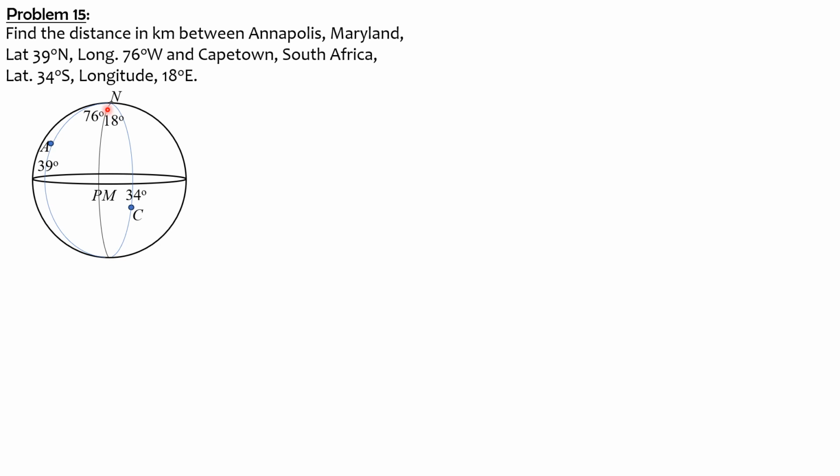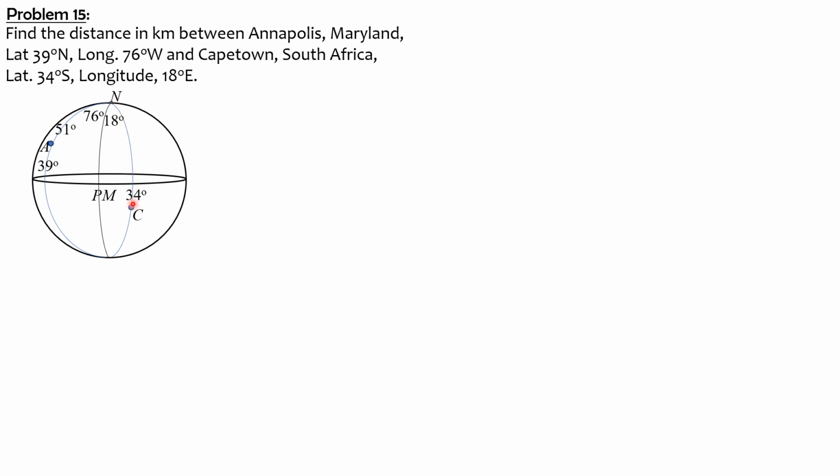Therefore, the point A would be 90 degrees minus 39 degrees, so that's 51 degrees. So the length of this meridian is 51 degrees, so that we can form this spherical triangle NAC, and we want to find the distance of AC.